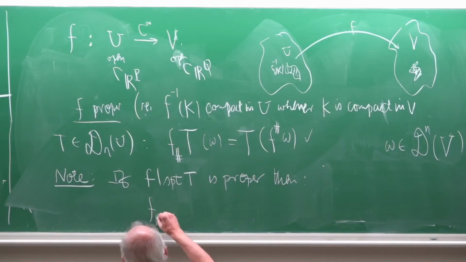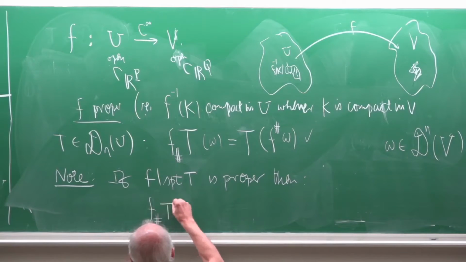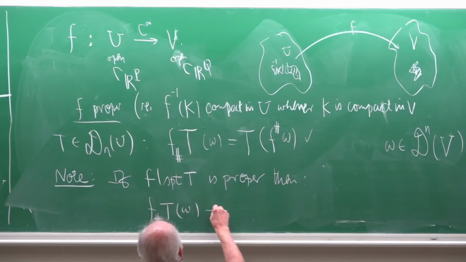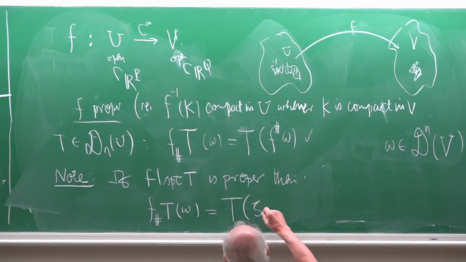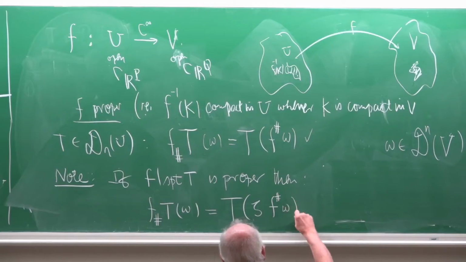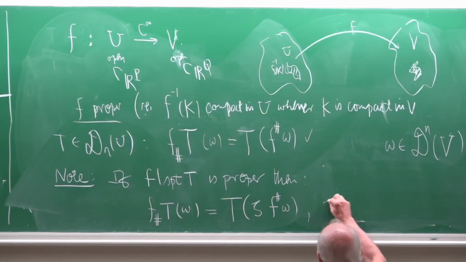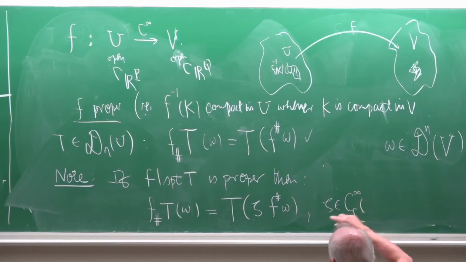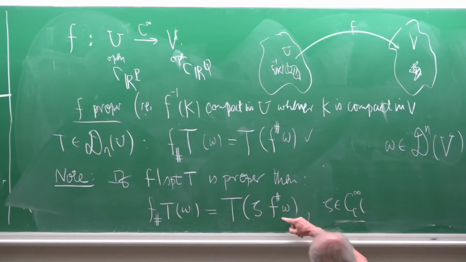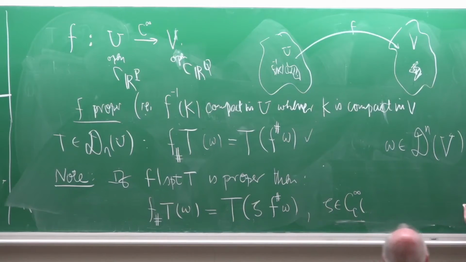You define F sharp T of omega to be equal to T of zeta times F sharp omega. And here zeta is a C infinity function with compact support in U. This is all happening in U. Remember, we're taking a form omega in D of V, and we're pulling it back. So this is all happening back in U.